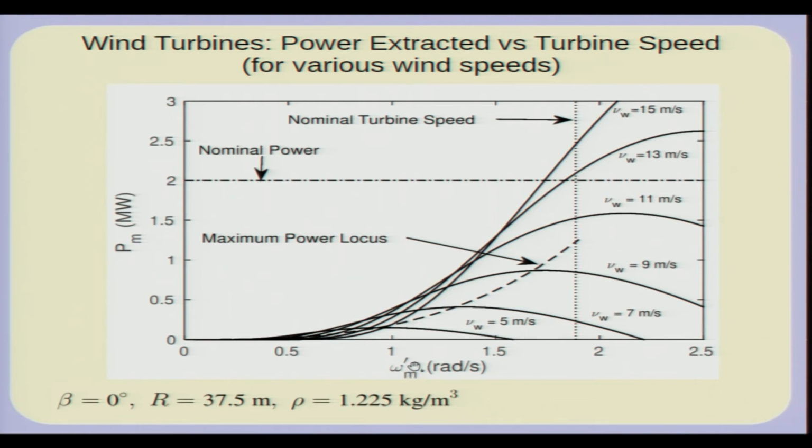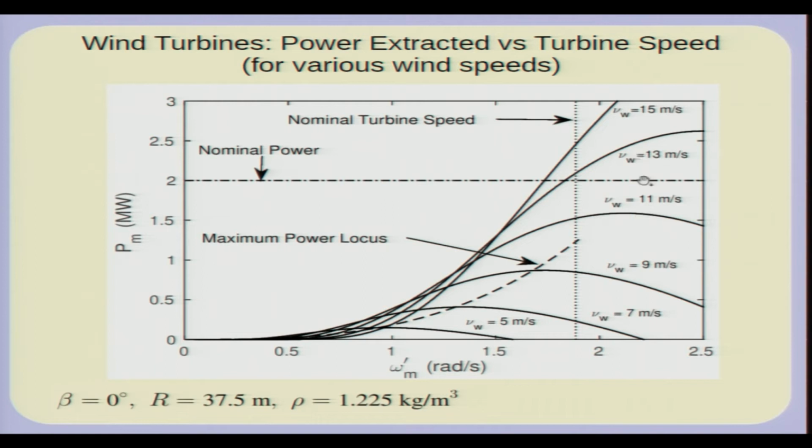Remember, the tip speed ratio itself is a ratio of omega m dash r by V w. So, we plot Pm versus the radian speed of the turbine, and you will find that for a larger speed, the mechanical power which can be extracted increases.